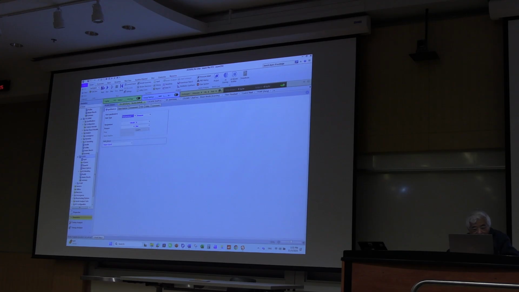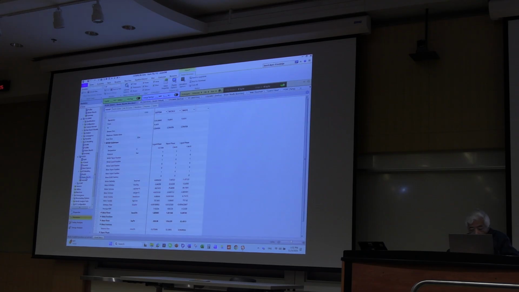Okay? And one more requirement is, look at this flush unit stream result. In the waste, look at mass fraction. Here, siloxane is only 7%. You can have up to 25% siloxane in the waste.